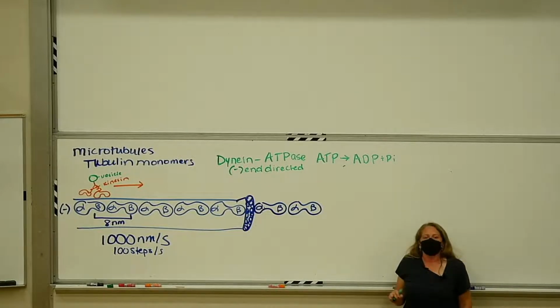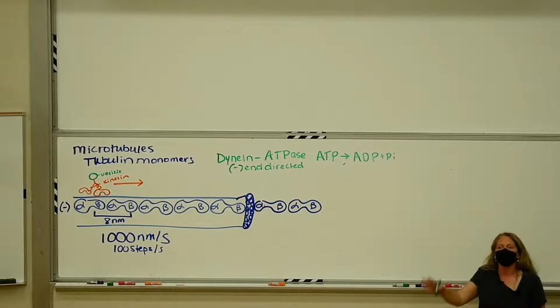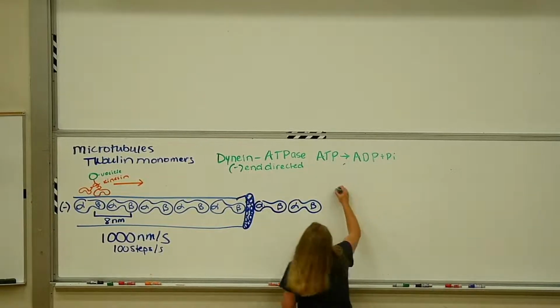Dynein's also a very awkward little guy. He doesn't really look anything like kinesin, totally different structure. He kind of looks like he's on stilts.